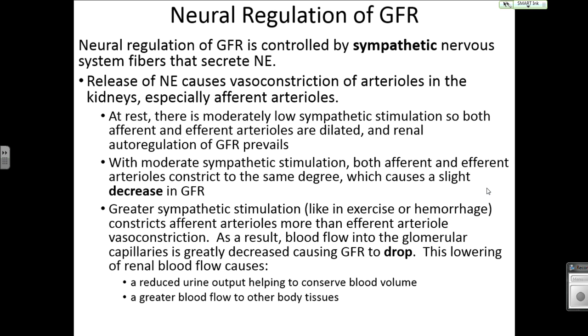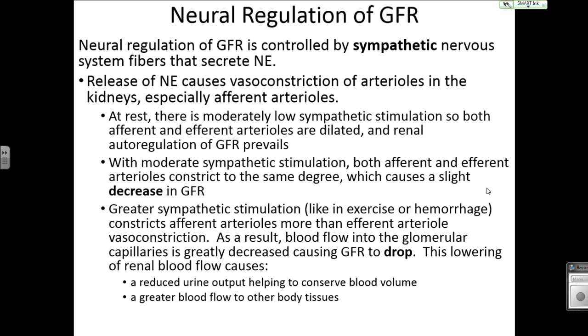GFR, that is. Okay. If we activate the sympathetic nervous system moderately, both the afferent and efferent arterioles will constrict to the same degree, causing a slight decrease in GFR. And if that bear pops out of the woods and we have great sympathetic stimulation, and we have to exercise, or if we have a blood hemorrhage, we're going to constrict the afferent arterioles more than the efferent, meaning that there's less blood flow coming into the nephron altogether.